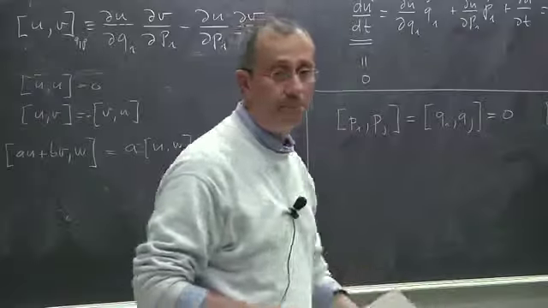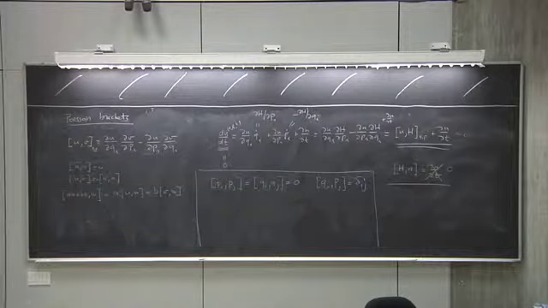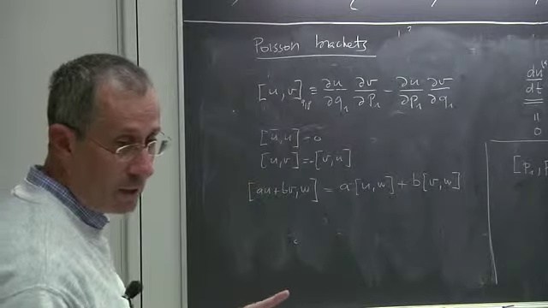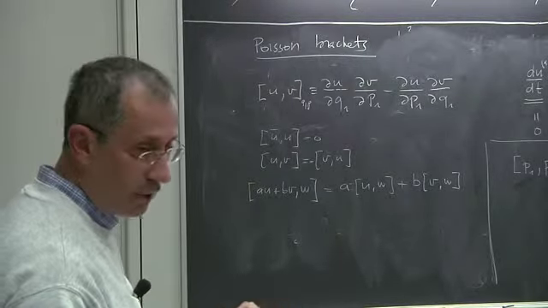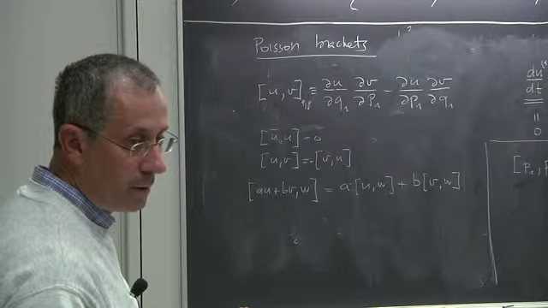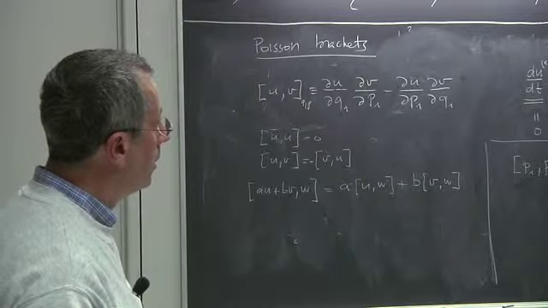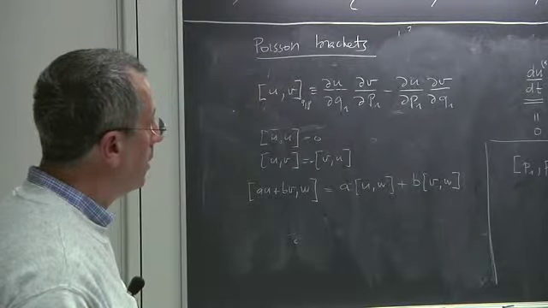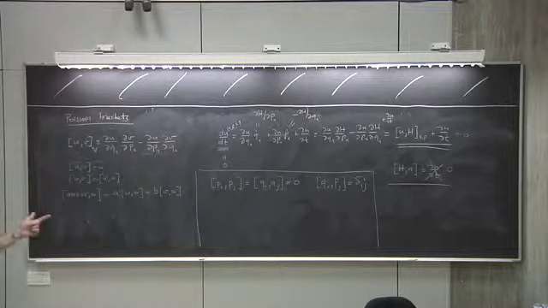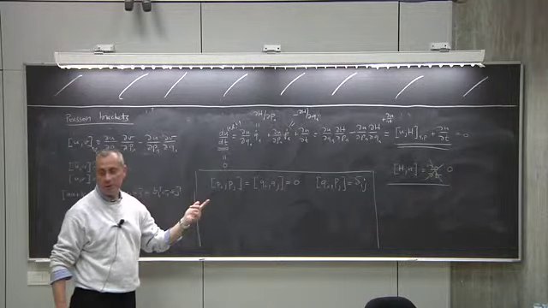What if u depends on t, but the total derivative of u with respect to t is equal to the partial derivative of u with respect to t? So wait a second. You want u to depend on t explicitly. Yes, and du/dt is equal to the partial derivative of u with respect to t. Well, then it means that it's a conserved quantity, right?